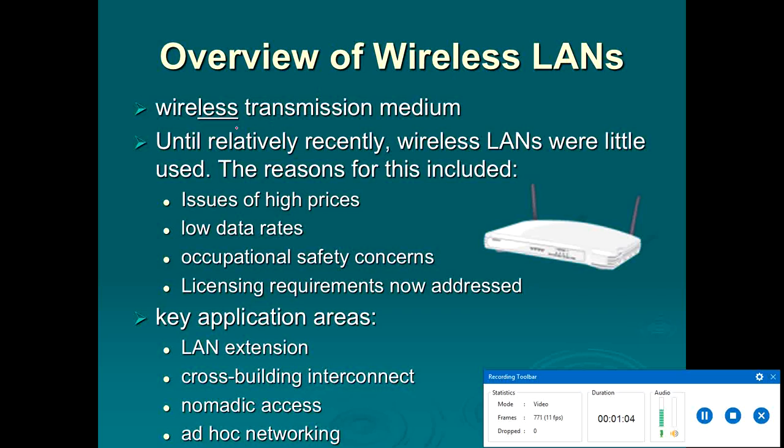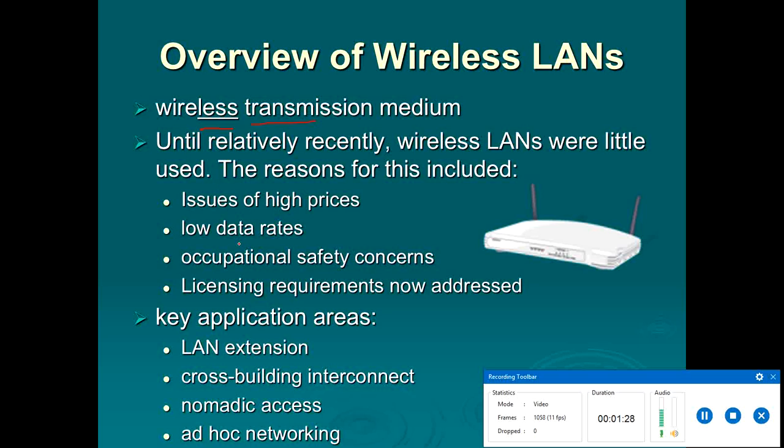Wireless LANs. Wireless LANs means the transmission is over a wireless medium, which is radio waves, microwaves, or infrared waves. So this is the transmission medium. Until relatively recently, wireless LANs were little used. The reasons were that they were highly priced, but nowadays you can find they are cheaper.